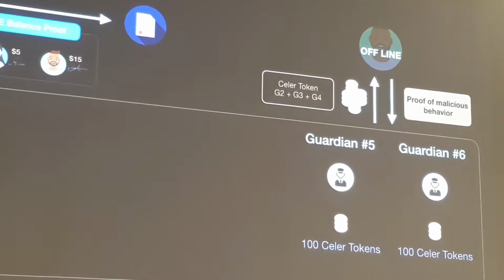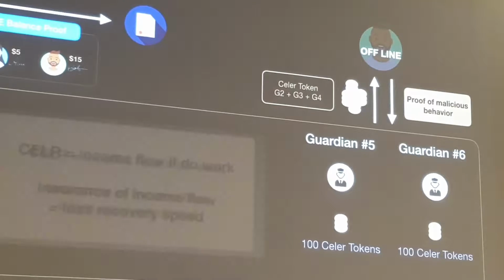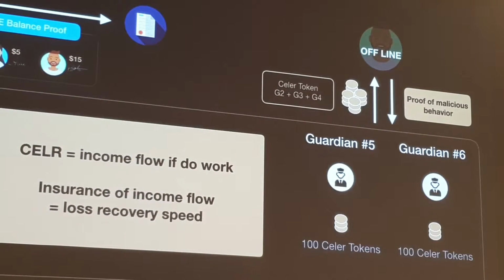Now, that creates a very, very interesting economic dynamic here, because what is one Cedar token? One Cedar token represents an income flow if you do the work. So depending on what Bob paid in the very beginning, the more Bob pays, the more Cedar tokens will be guarding or responsible for Bob's state.